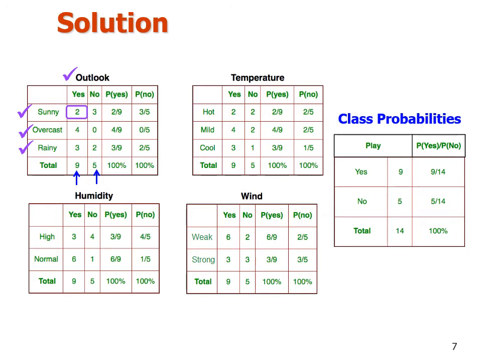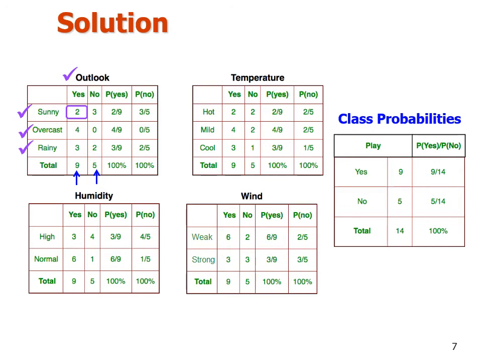So probability of yes is 9 divided by 14 and probability of no is 5 divided by 14.